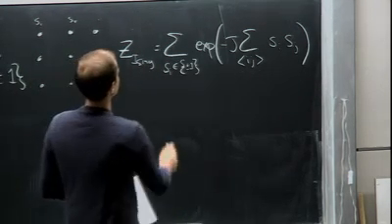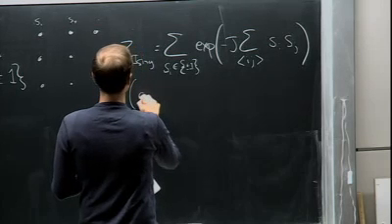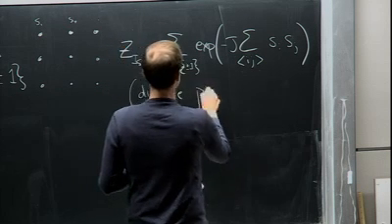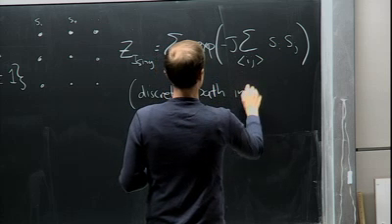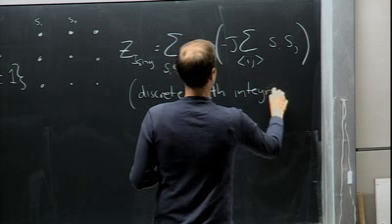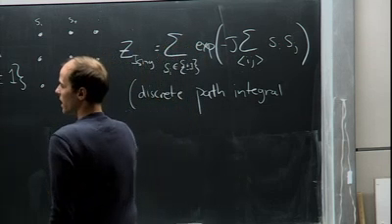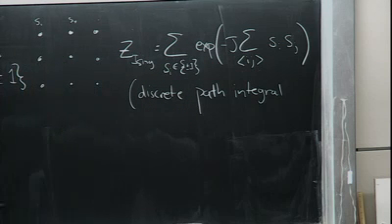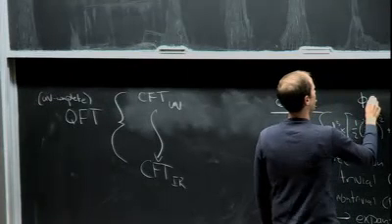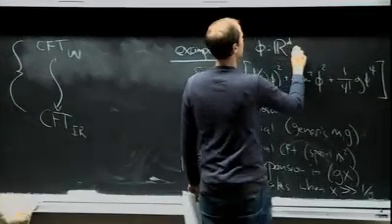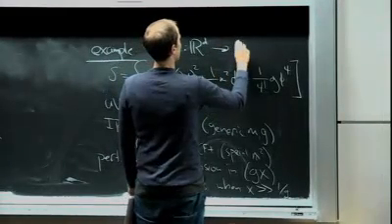And you can think of this as a discrete path integral. Usually, in the case over here, we had this field phi that takes points in R^d, where d is 3, to real numbers.